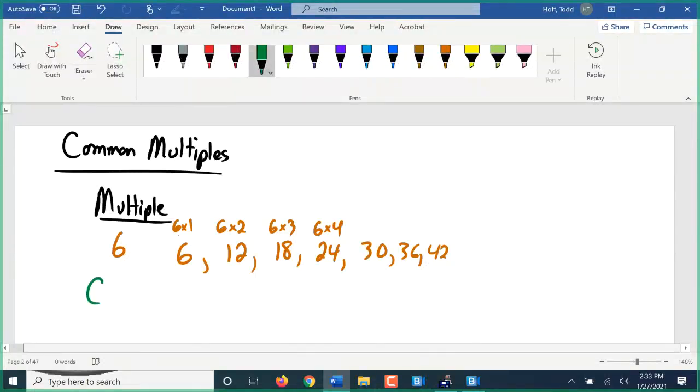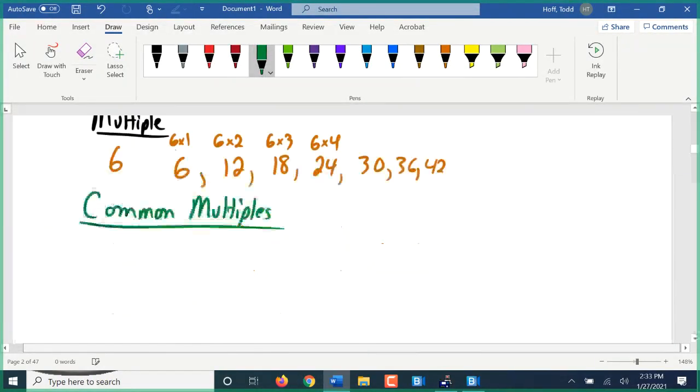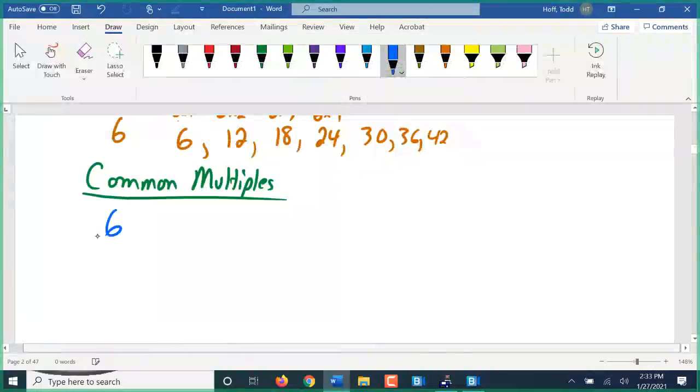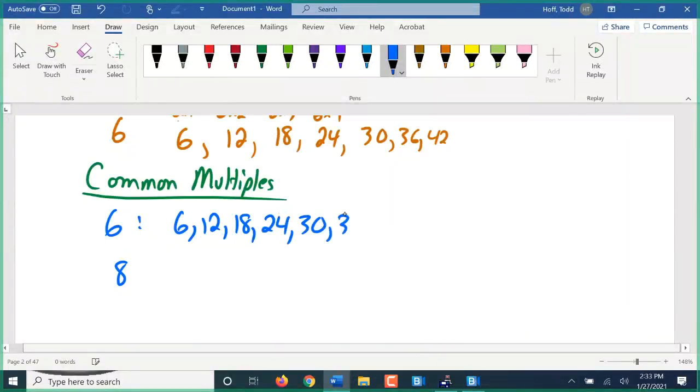We're talking about common multiples. And let's say we're going to do 6 and 8. Well, 6 we already saw was 6, 12, 18, 24, 30, 36, 42, 48, 54, 60, and it keeps going, right? We're never going to stop there.